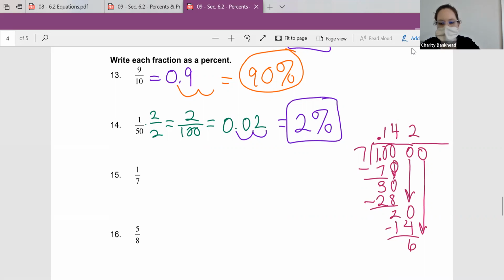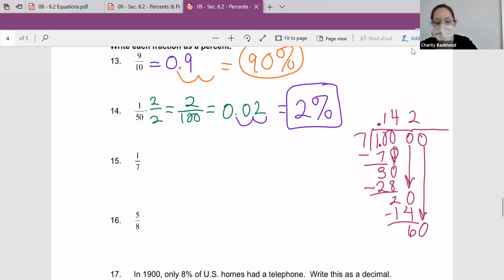Okay, so maybe I'll just do one more. 7 into 60, that would go 8 times. That would be 56. Whoops. It seems to keep on going forever.